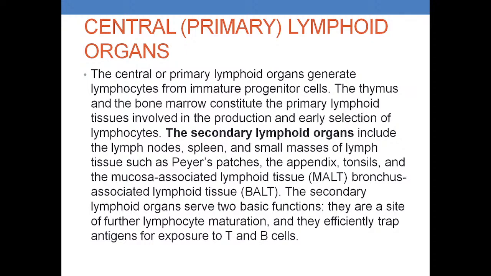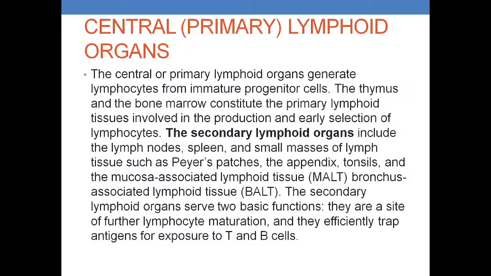The secondary lymphoid organs include the lymph nodes, spleen, the small masses of lymph tissue such as Peyer's patches, the appendix, tonsils, and the mucosa-associated lymphoid tissue, MALT, and bronchus-associated lymphoid tissue, BALT.